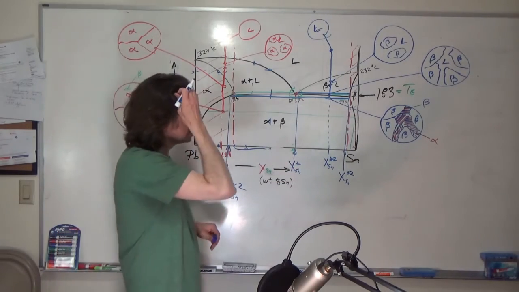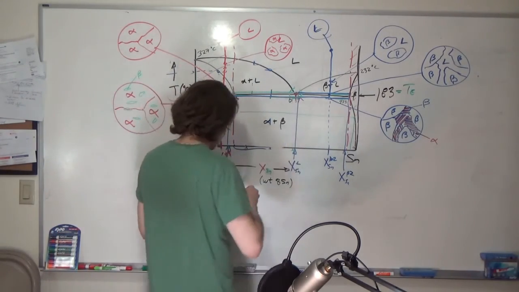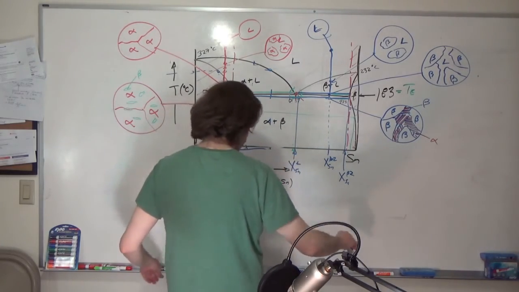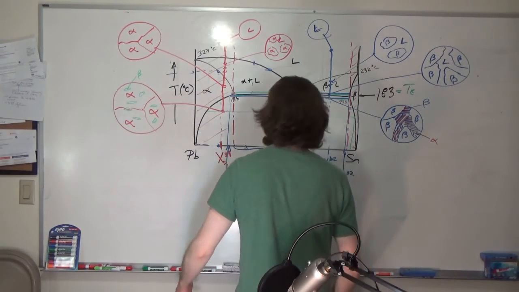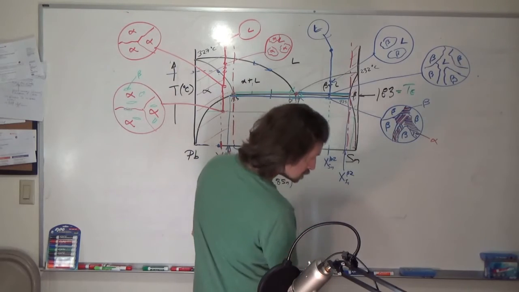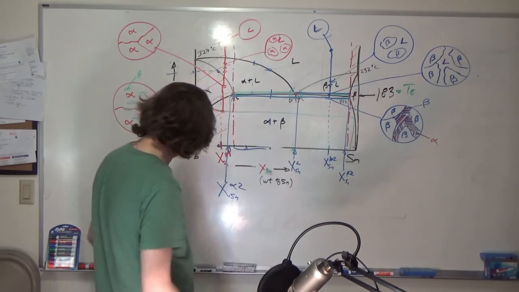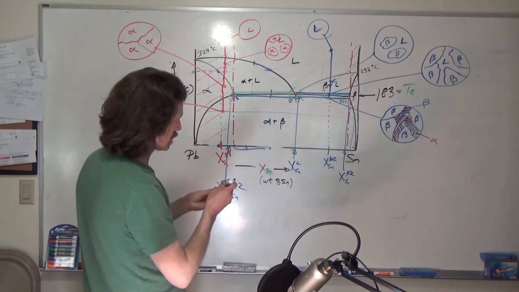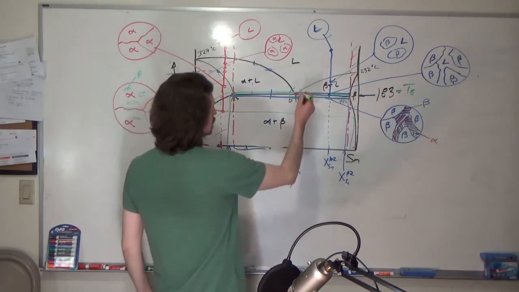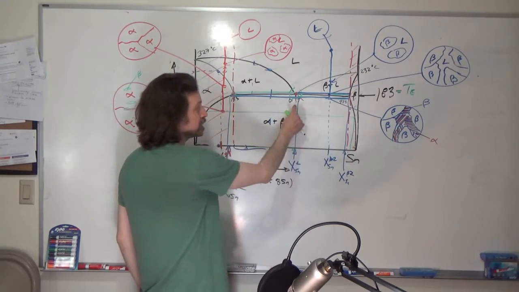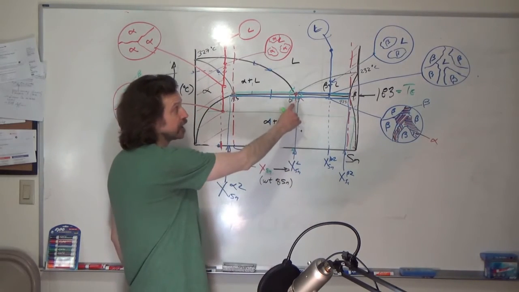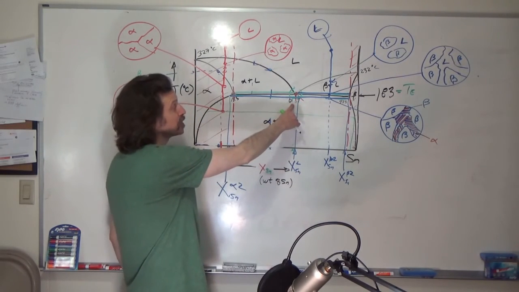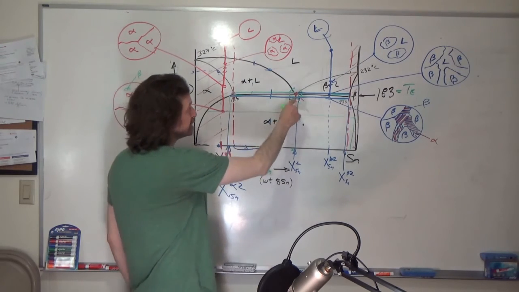In contrast, if we move, for example, over, let me get another color here, let's pick a light green. If I pick a composition, say, very near the eutectic composition, right? Our eutectic composition is 61.9 weight percent tin.